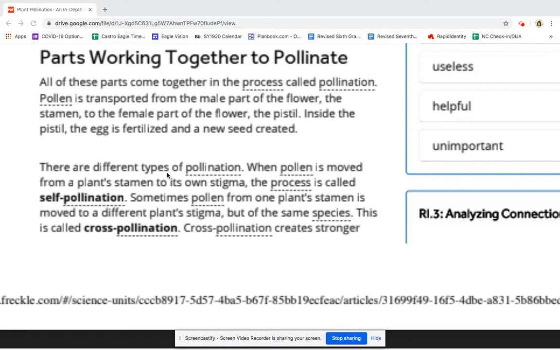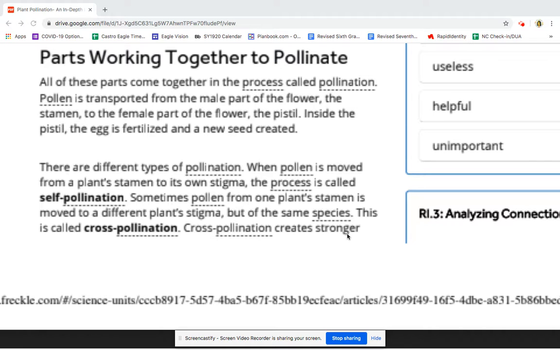There are different types of pollination. When pollen is moved from a plant stamen to its own stigma, the process is called self pollination. Sometimes, pollen from one plant stamen is moved to a different plant stigma, but of the same species. This is called cross pollination.